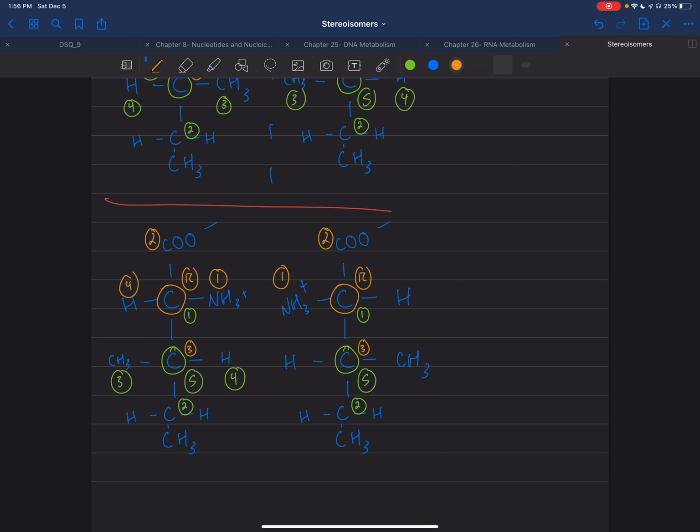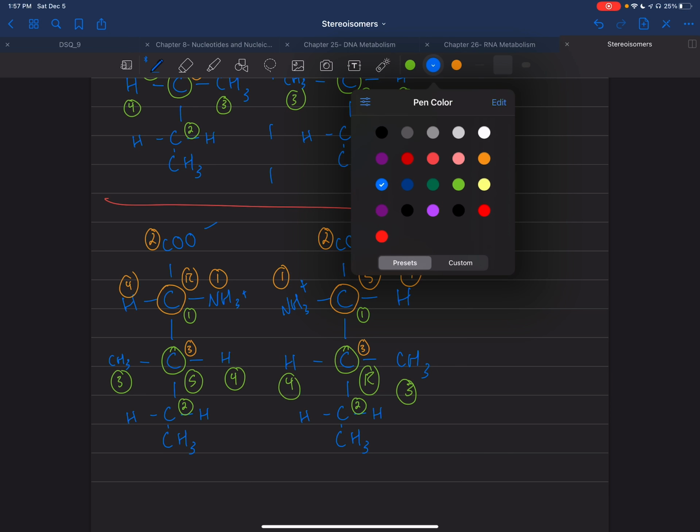This is 1, this is 4, this is 3, this is 4. 1, 2, 3, going to the right, this is now S. 1, 2, 3, going to the left, that is R.